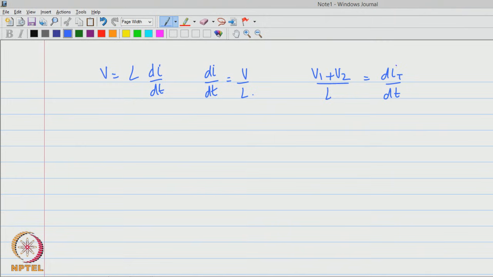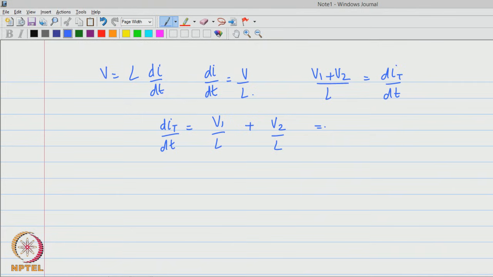So, what is this di total by dt? It can be written as V1 over L plus V2 over L, in the same way as we did earlier for a resistance.